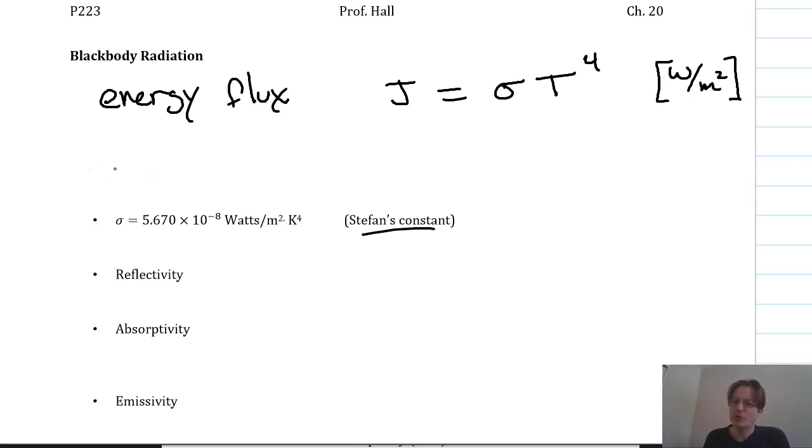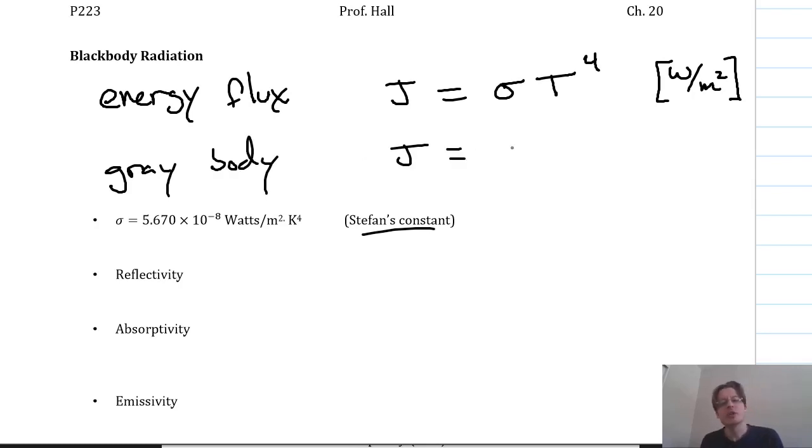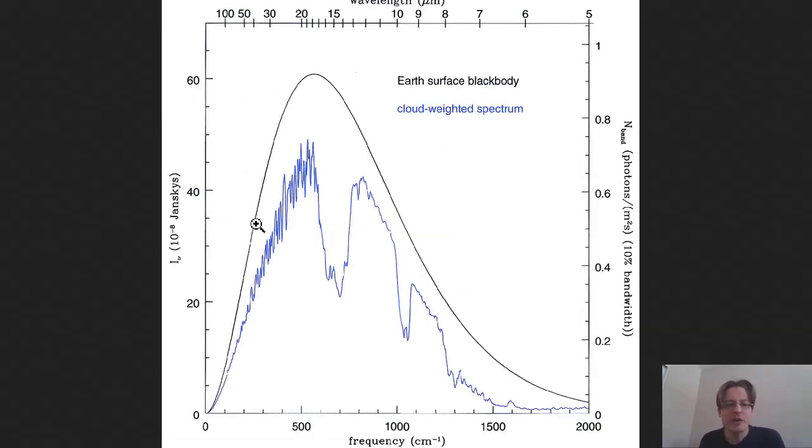Actual objects, which aren't totally black, which sometimes are called gray bodies, have an energy flux which is somewhat less than the optimal value. For instance, here's the energy flux out from the Earth. The Earth glows in infrared. If you had infrared glasses, you'd see the Earth glowing. That's how telescopes see exoplanets on distant stars.